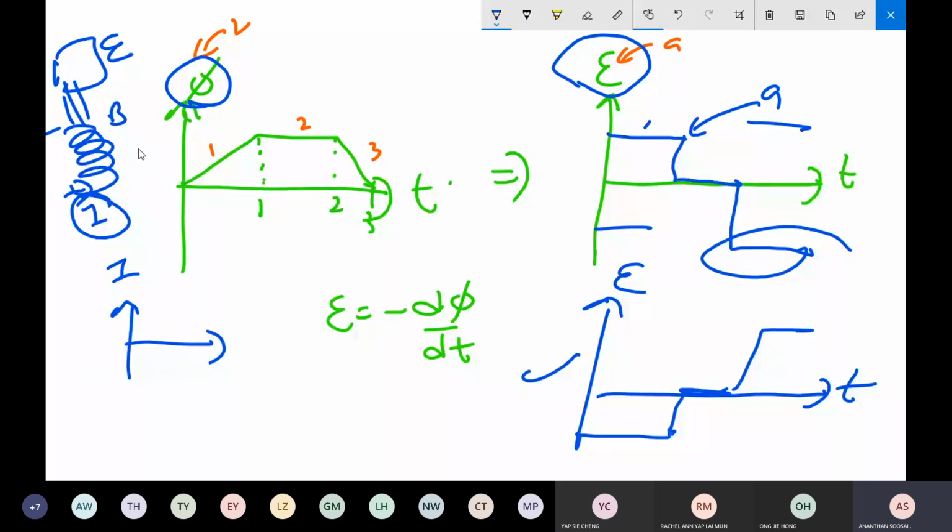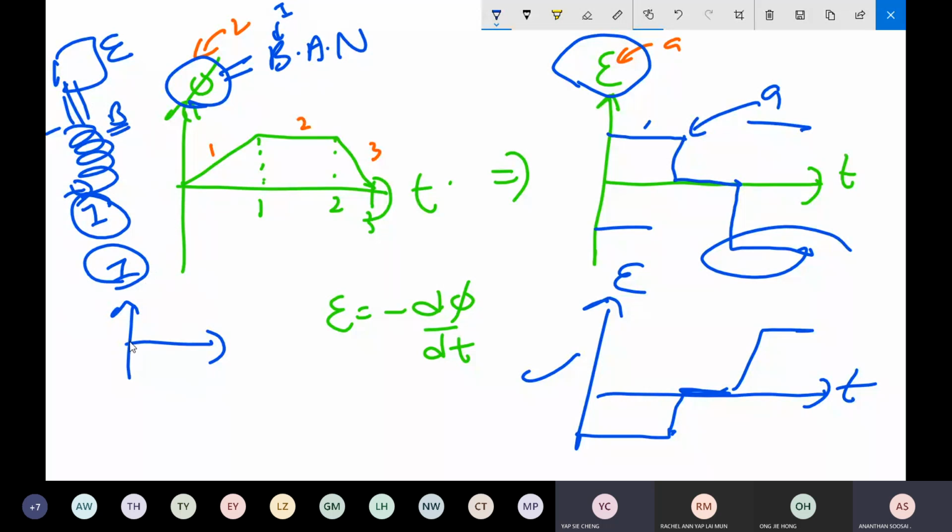Remember, the flux is actually made of B·A·N. So the I is actually affecting which property? N, A, or B? The I in the solenoid affects the magnetic field strength. So inside the B, there is I. Current controls the B.